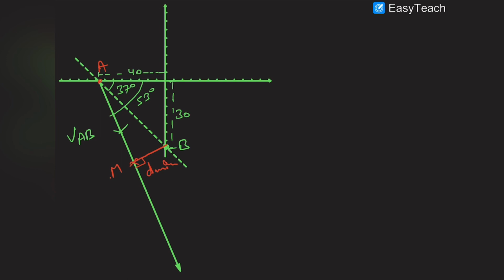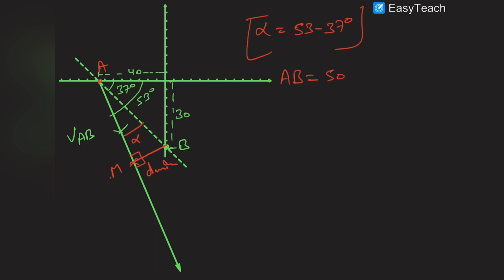So we can say that this angle is equal to alpha, and alpha is equal to 53 minus 37. In this triangle this angle is 90, and the distance AB is equal to 50, because this is 40 and this is 30.